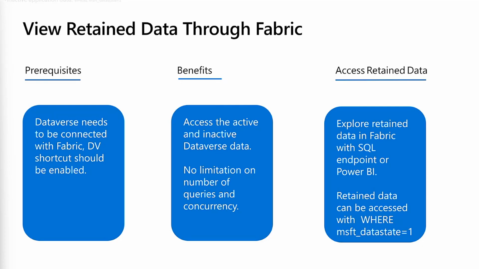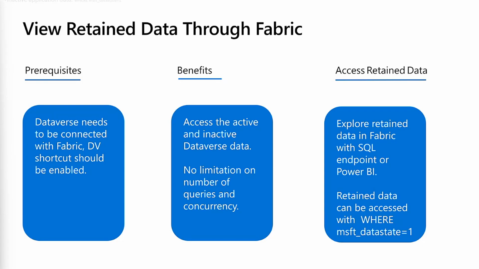If you want to get active, if you want to get inactive, there is no limit in terms of API. You can get Power BI directly connecting to your Fabric or OneLake and run reports that are required for your business. And all the limitations that we talked about earlier are not applicable here.